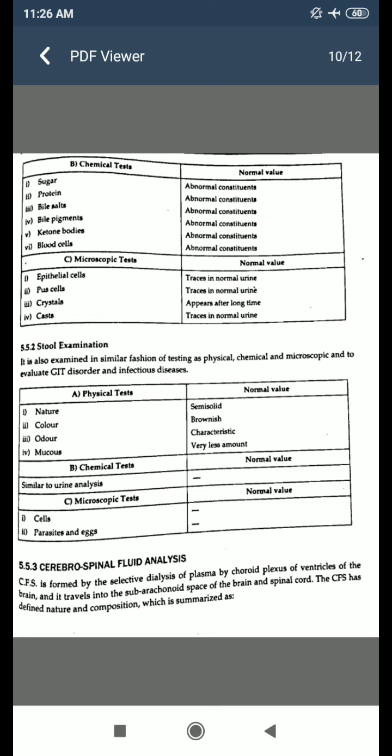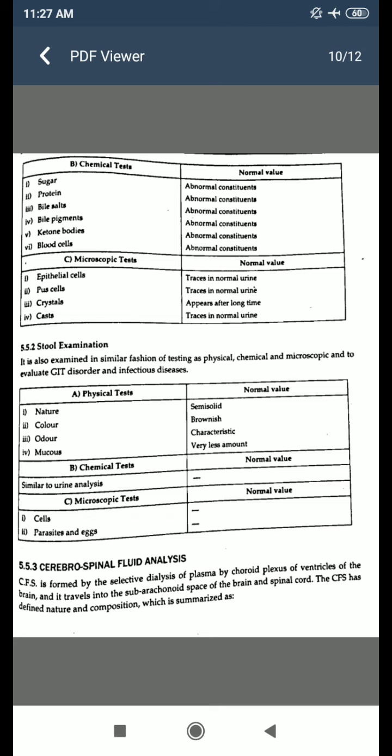Cerebrospinal fluid analysis. CSF is formed by the selective dialysis of plasma by the choroid plexus of the ventricles of the brain, and it travels into the subarachnoid space of the brain and spinal cord.